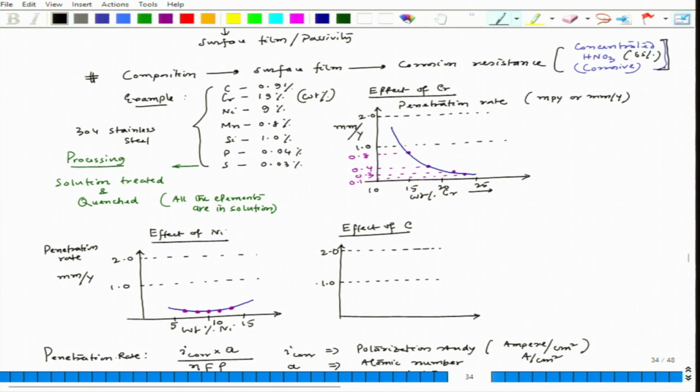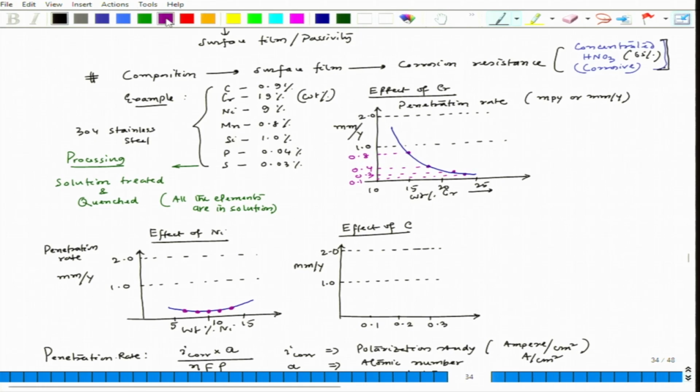the axis is 1%, 2%, and this is again millimeter per year, and carbon changing from let us say 0.1, 0.2, 0.3 like this.